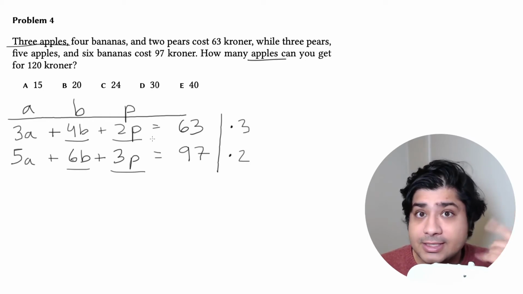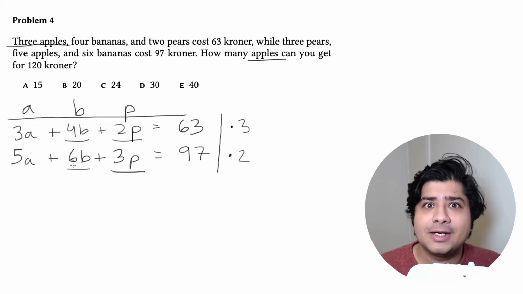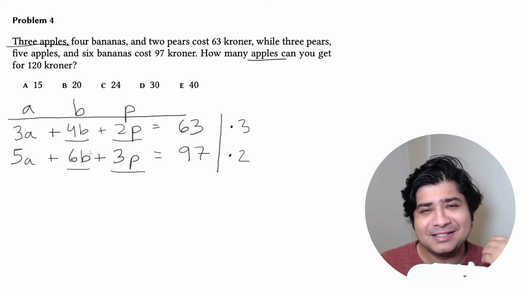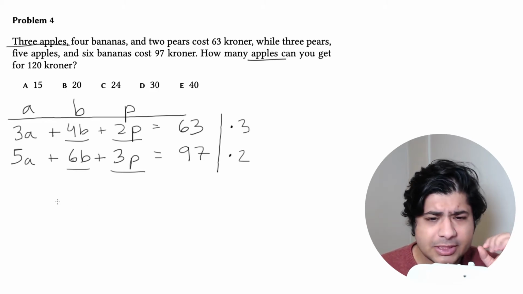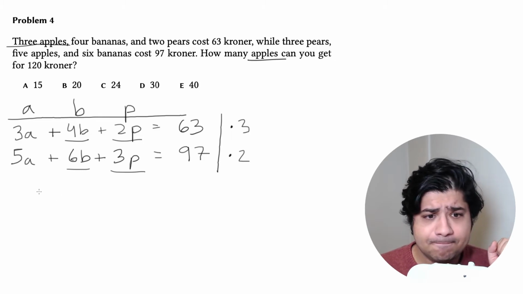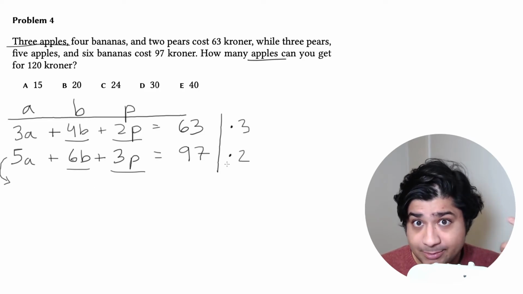4 times 3, that's 12. 6 times 2, that's also 12, and it works. Turns out that this very conveniently does work for both of them. So let me now write the second equation here by multiplying every term by 2.